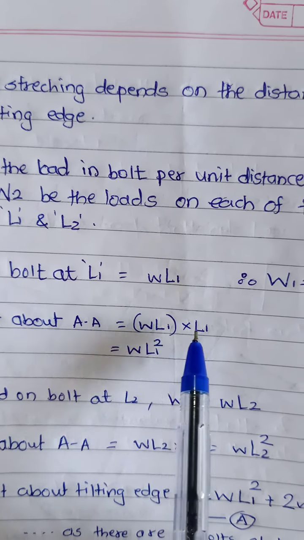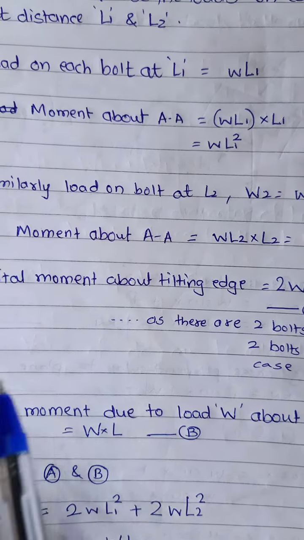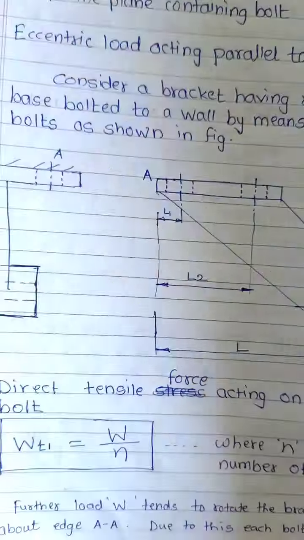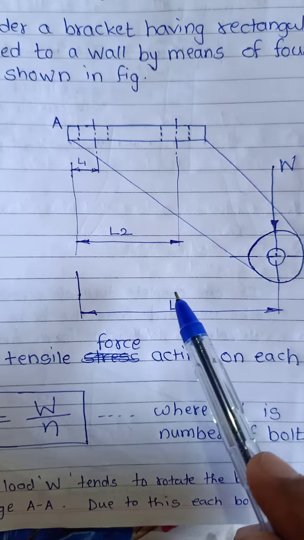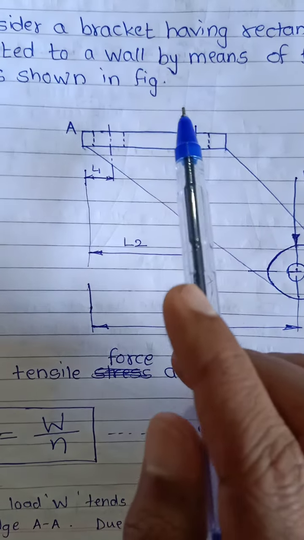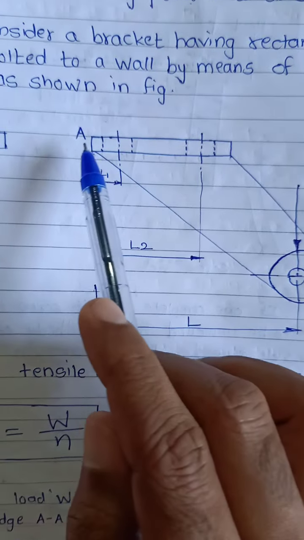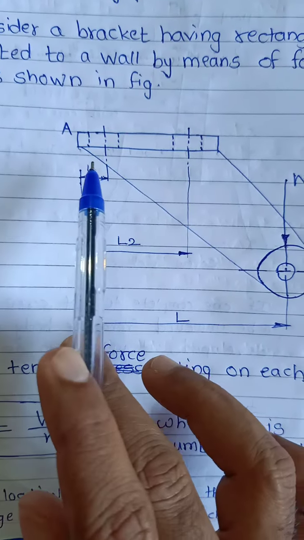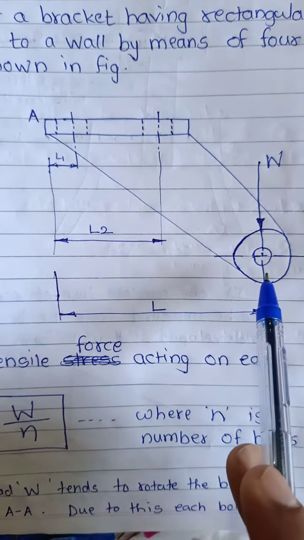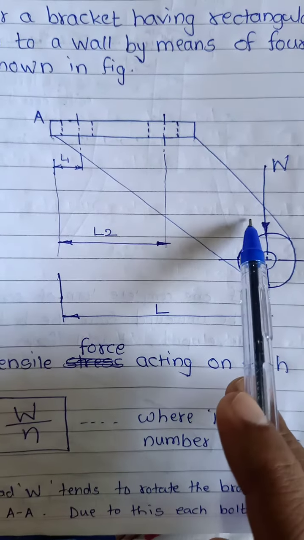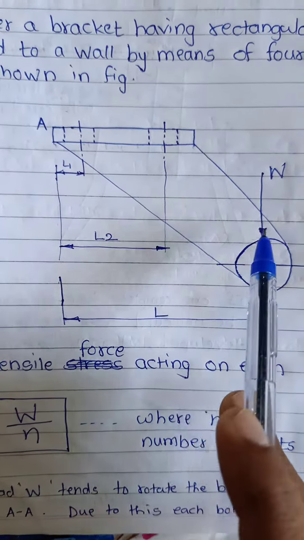Now this moment, that is the total moment of W1 and W2, is the resistance provided to the moment of the actual load W. So this is load W. Whatever is the moment of this W, that moment will be equal to the moment of W2 and W1 about A. So the total moment of W1 and W2 about A will be equal to the moment of the load W about A. The moment of W about A will be force into distance, which is W into L.